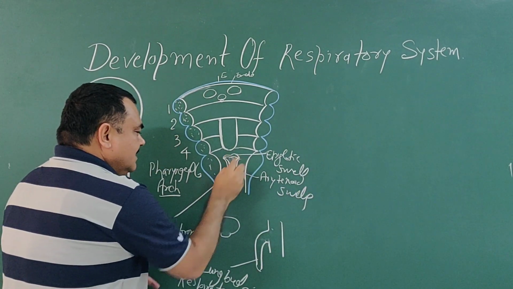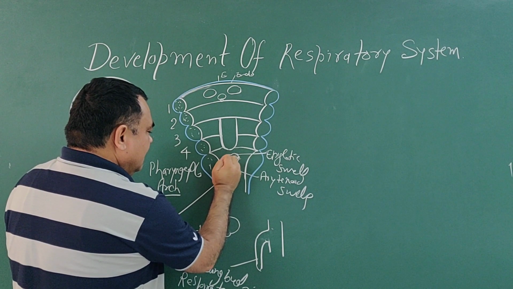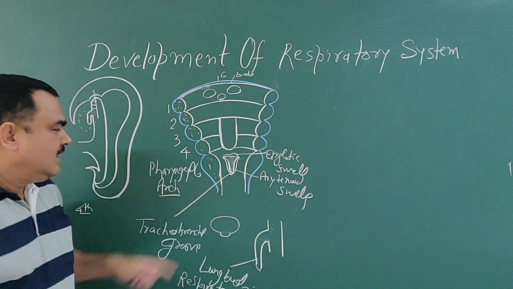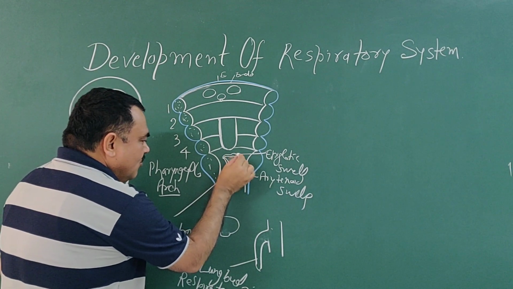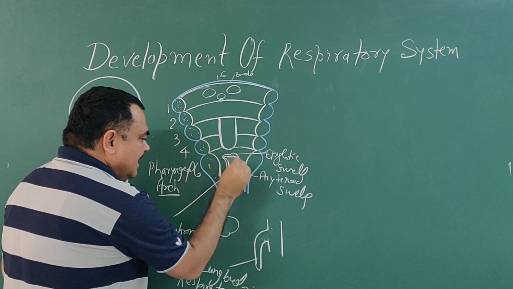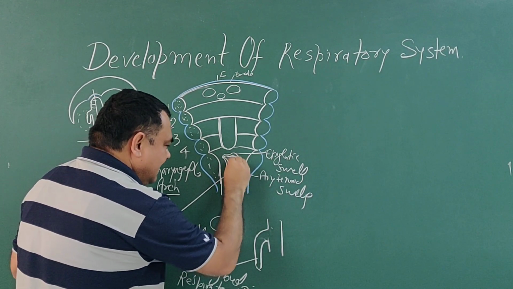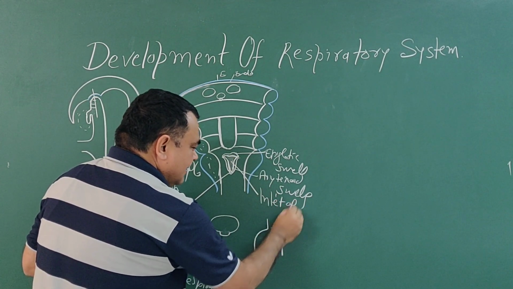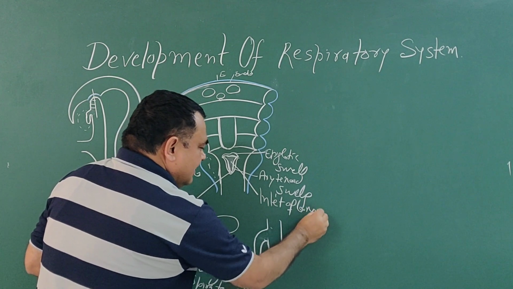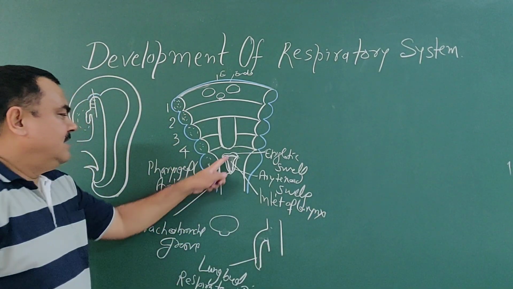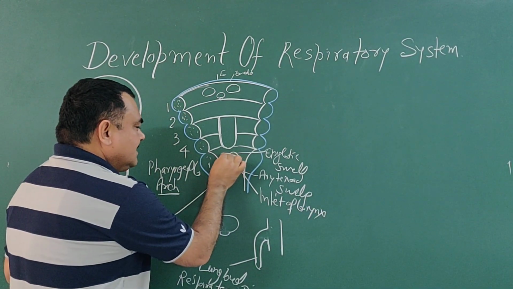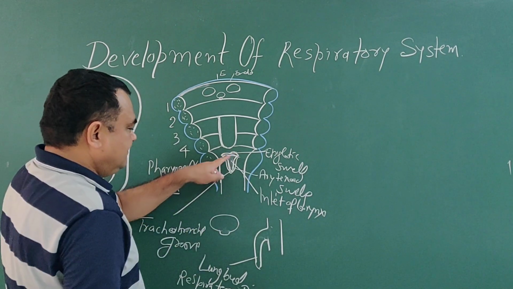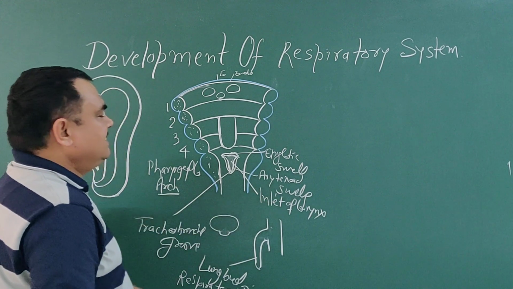Now this tracheobronchial groove forms the opening, or the inlet, of the larynx. This part forms the epiglottis here, and this space is the inlet of the larynx.